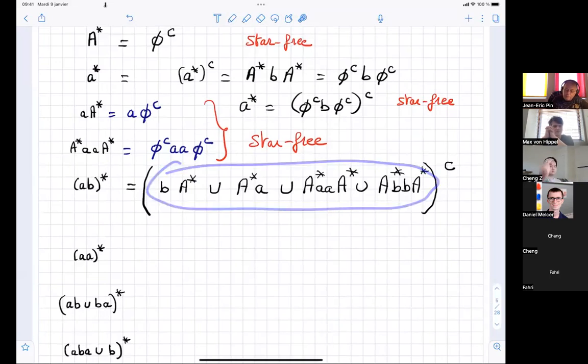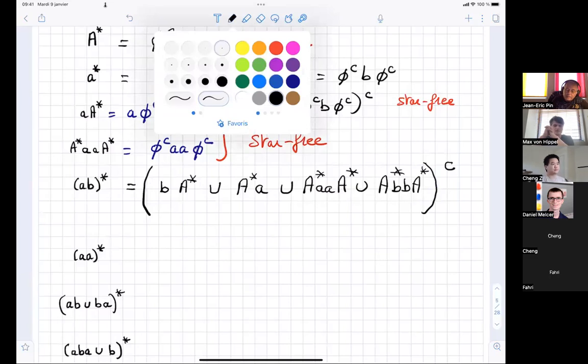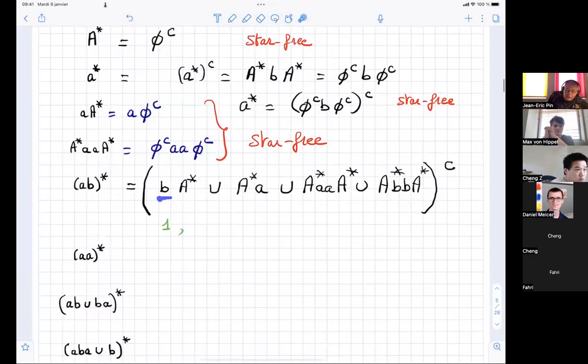Well, it could be the empty word, certainly. But if it's not the empty word, the first letter is not allowed to be a B. So if the first letter is not a B, it's an A.